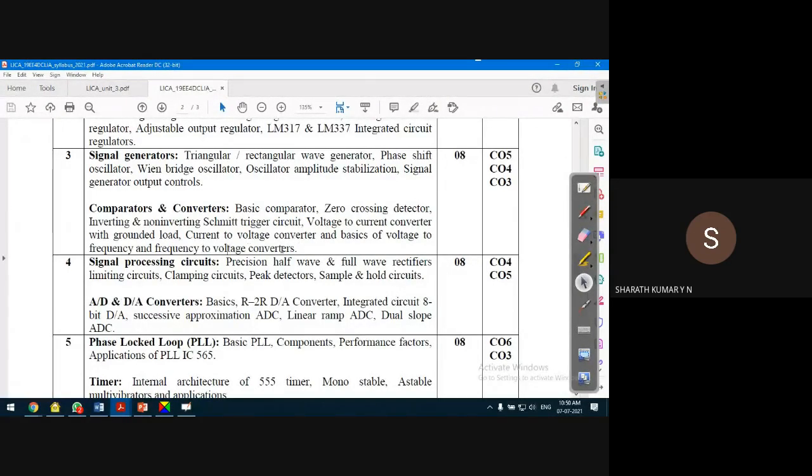The syllabus says only the basics of these converters. So we decided not to include the 9400 and all those ICs, because it's taken from the data sheet. If you Google it, you'll get the complete data sheet. In the textbook also we have the same data sheet copy printed.